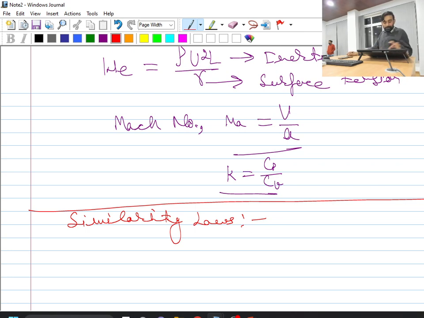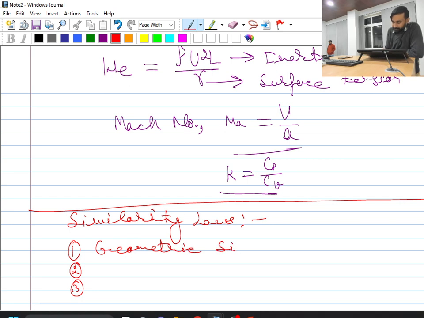But before applying similarity laws, we have to ensure three fundamental conditions are satisfied between model and prototype. The first condition is geometric similarity.